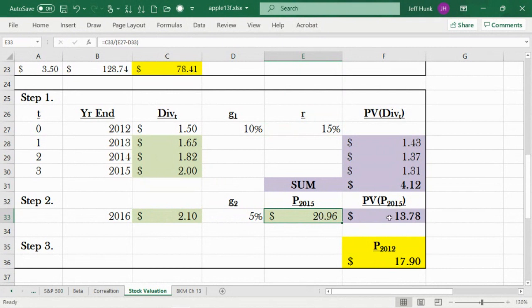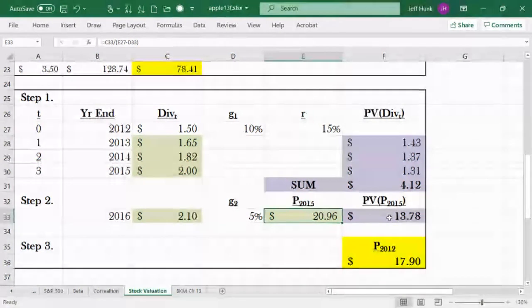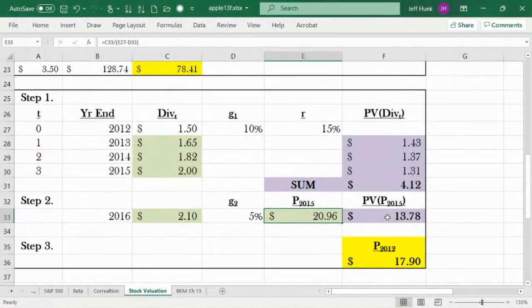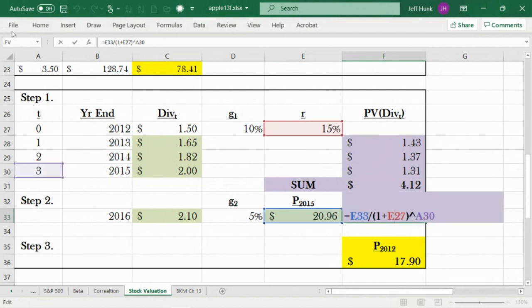Time capital T, the value of the firm at time capital T, is not present. So present is like 3 years back. So we discount this by 3 years.